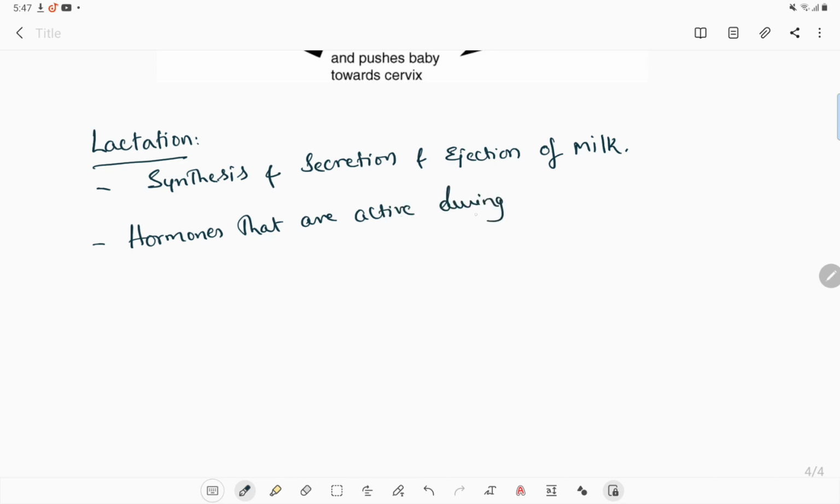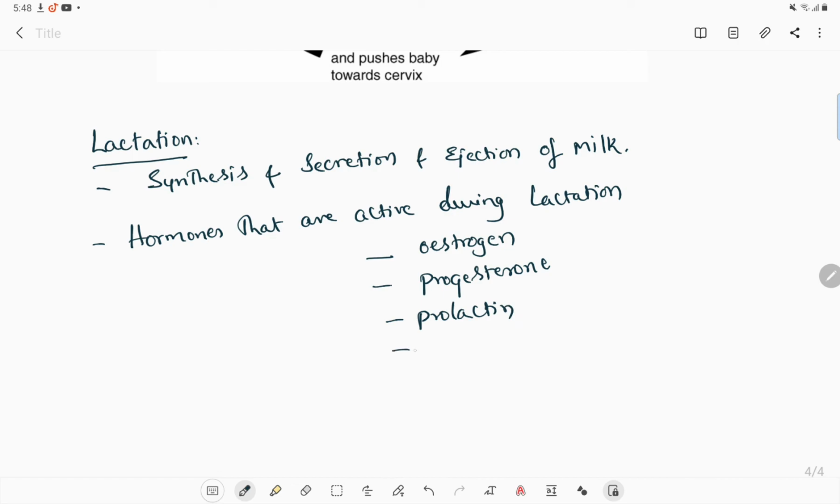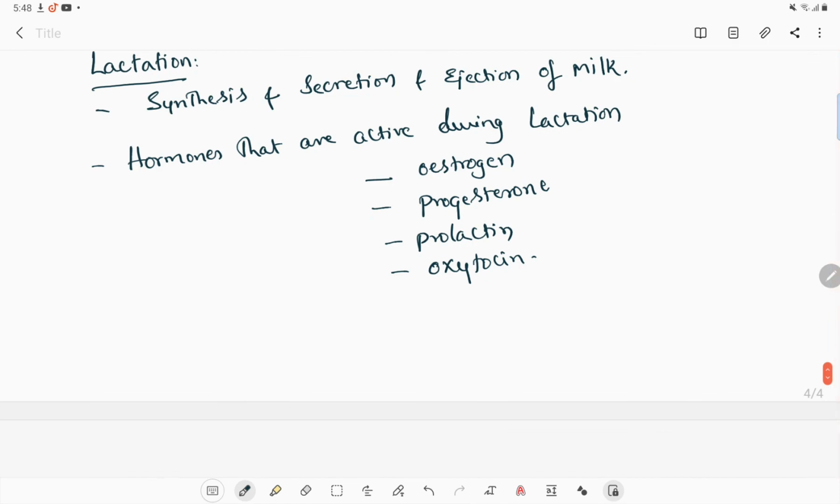So what are the hormones that are active during lactation? Estrogen, progesterone, prolactin and oxytocin. Then the milk ejecting hormone is oxytocin.